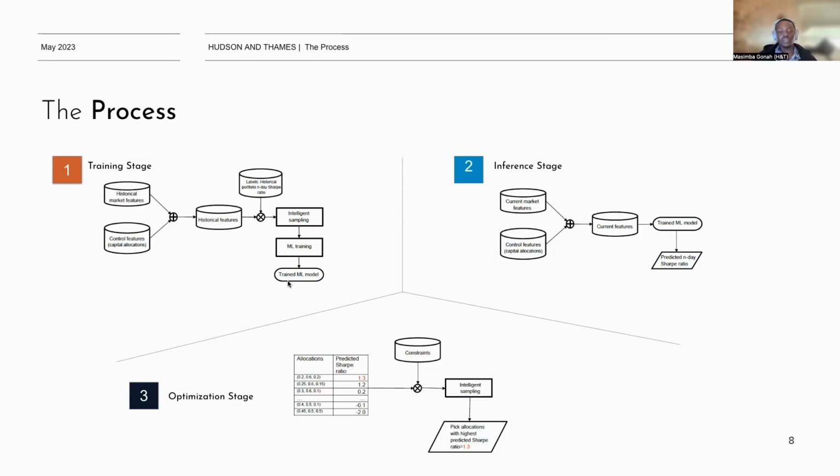Of course, that would depend on your research team, how much time you have, all of these factors come into play. But I think this is good enough as a blueprint to say I could have a three-stage process in trying to optimize my portfolio: start off with the training stage, then go to the inference stage, then get to the optimization stage.